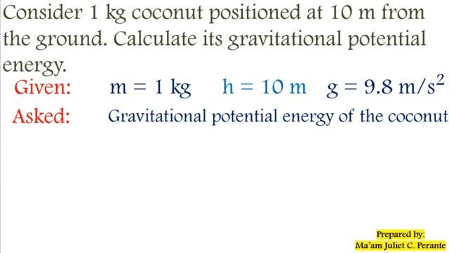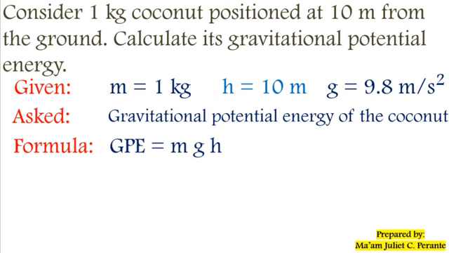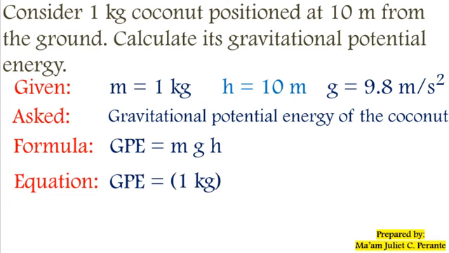And we can do that by using this formula. GPE is equal to mass times height times gravity. So using this formula, we can now substitute the values from the given. So GPE is equal to the mass, which is 1 kilogram, times the gravity, which is 9.8 meters per second squared, and the height of 10 meters. And all you have to do is multiply 1 by 9.8 by 10.